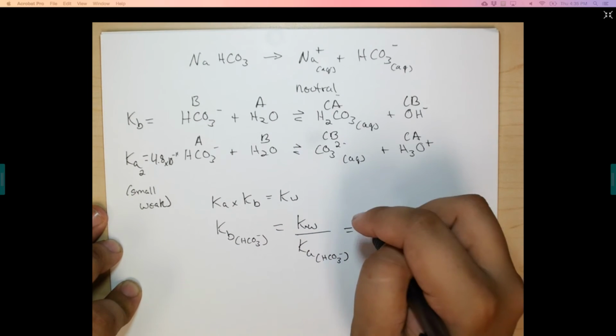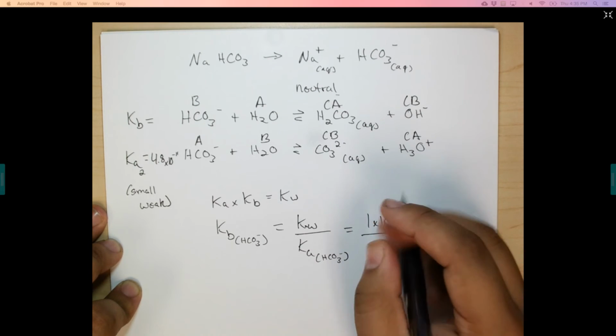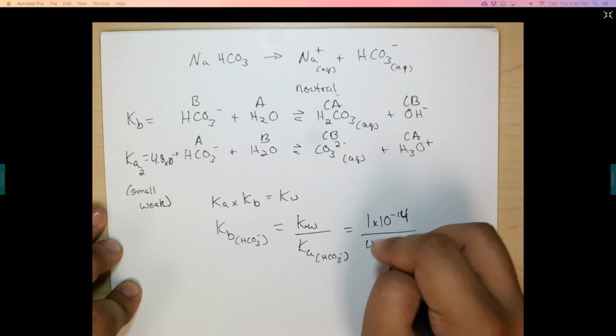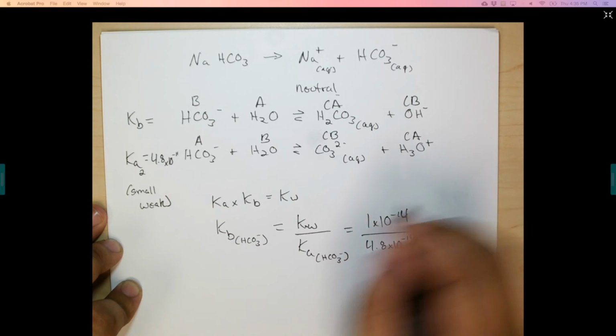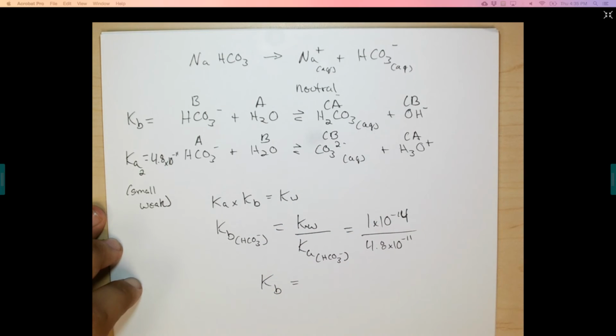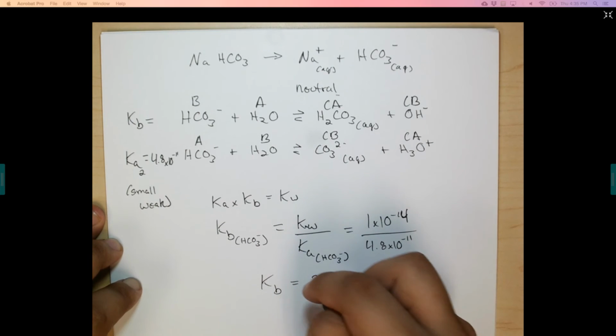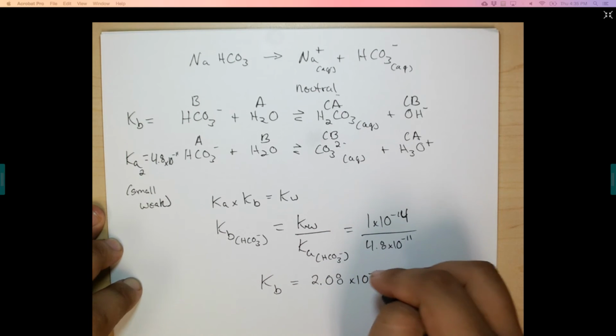Kw is 1 times 10 to the negative 14, and Ka is 4.8 times 10 to the negative 11. Therefore, Kb is 1 times 10 to the negative 14 divided by 4.8 times 10 to the negative 11, which is 2.08 times 10 to the negative 4.